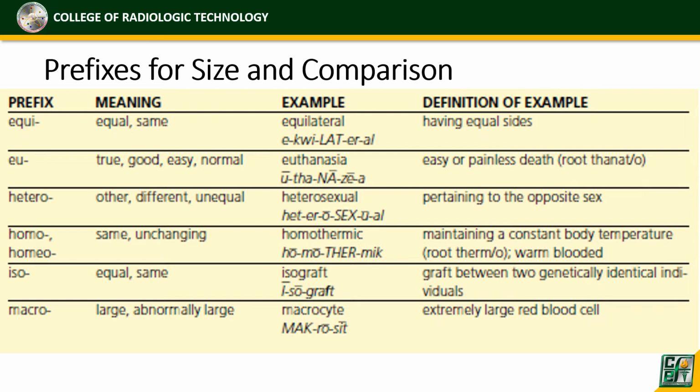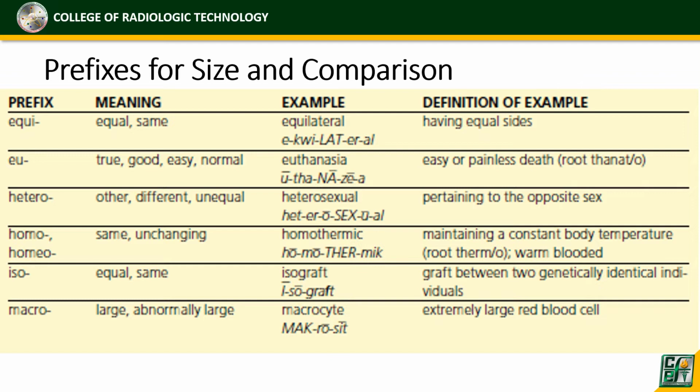Next is hetero. Hetero means other, different, unequal. So heterosexual means pertaining to the other sex.